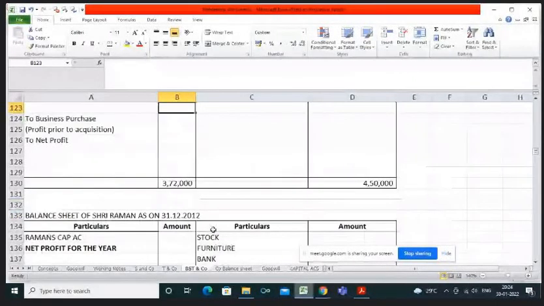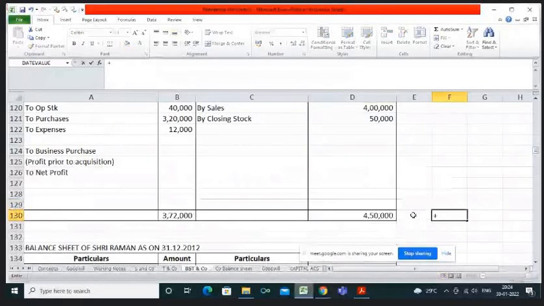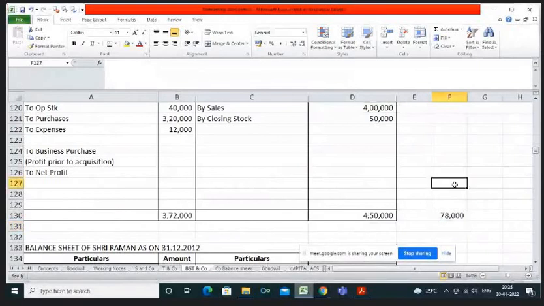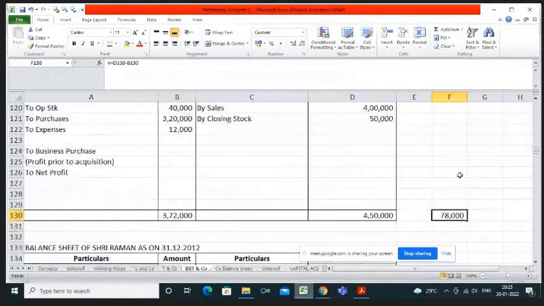And there are expenses to the extent of 12,000. So now I will see on the credit side, I have got a total of 4,50,000. On the debit side, I have 3,72,000. 78,000 is the profit. Profit for the year 78,000.